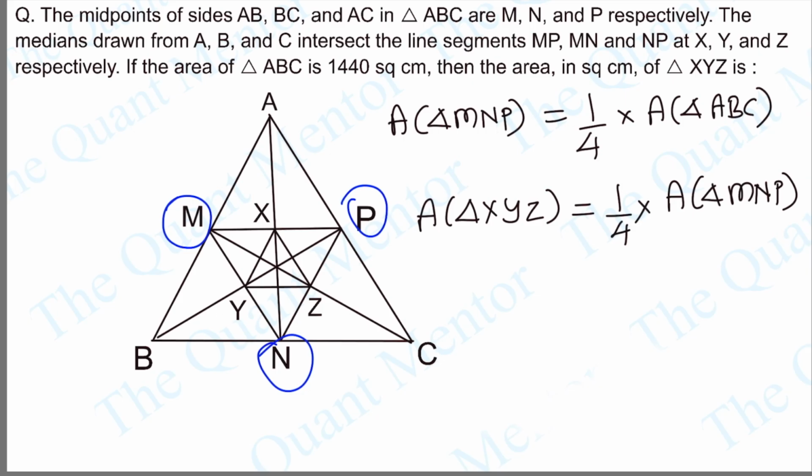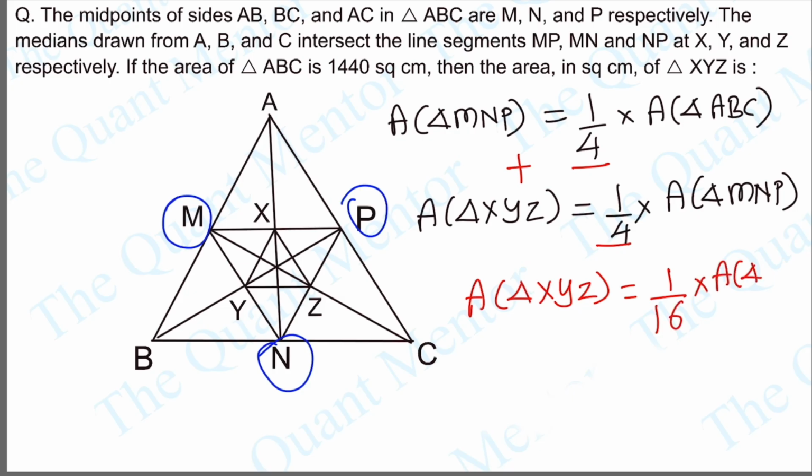Now combining these two equations, I can observe that area of triangle XYZ is 1/4 the area of triangle MNP, which is further 1/4 of triangle ABC. So area of triangle XYZ is 1/4 of 1/4, meaning 1/16 of the triangle ABC. And that's how we get our answer in the next step.